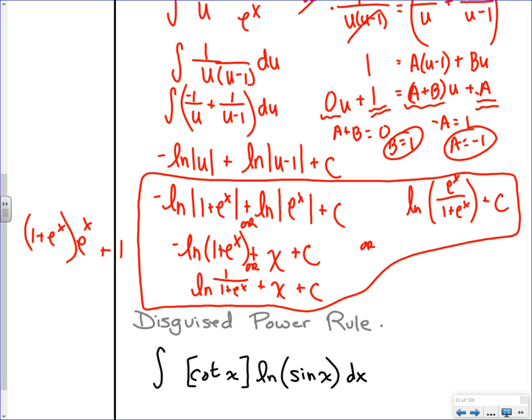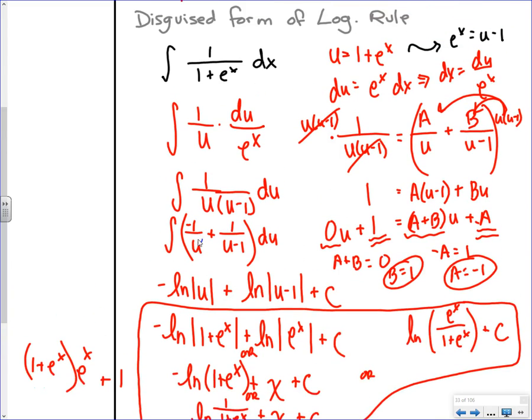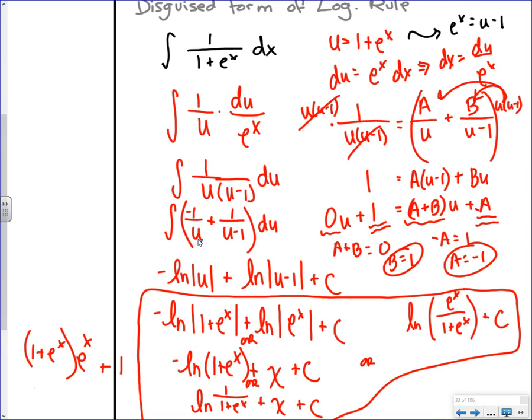But how would that go back? Well, it might not be the same form as the other. If I went to the partial fractions, I can make this 1 over 1 over.